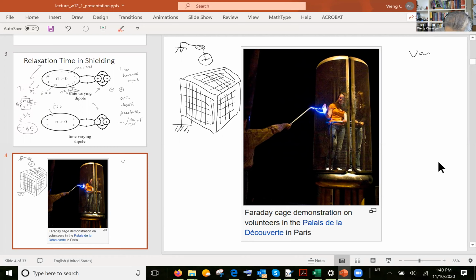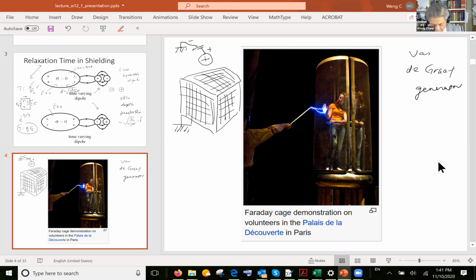I think I know how to spell it correctly, or maybe I don't. A Van de Graaff generator is a generator that can produce a very high voltage source, and that high voltage source can produce a very high positive charge. Maybe I can put this as a battery instead of a generator.